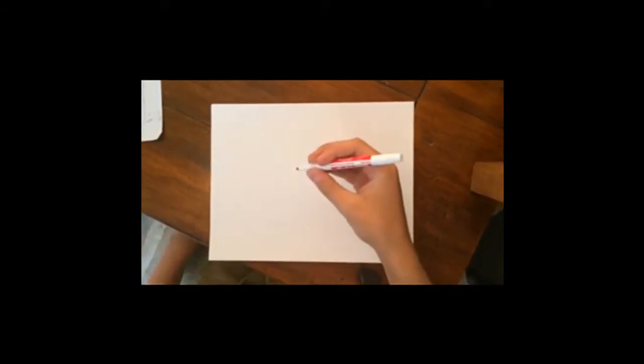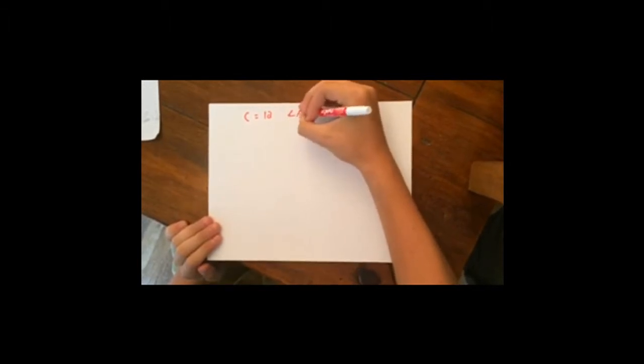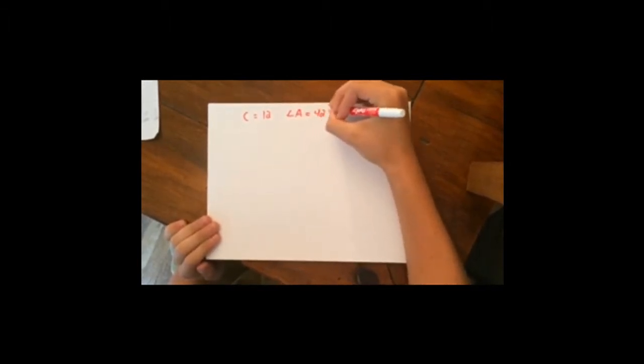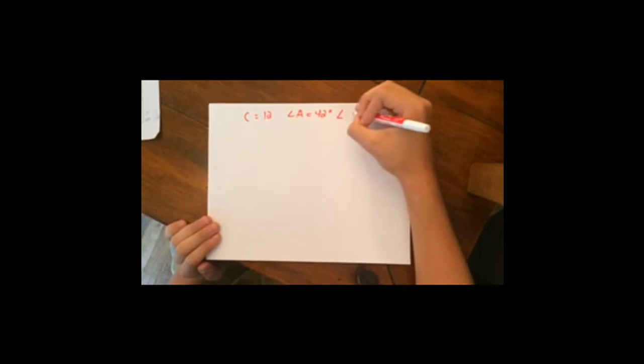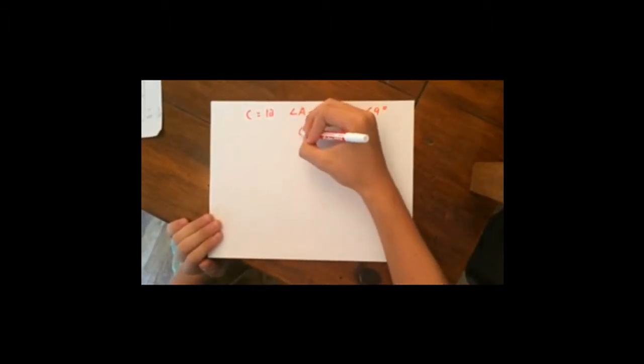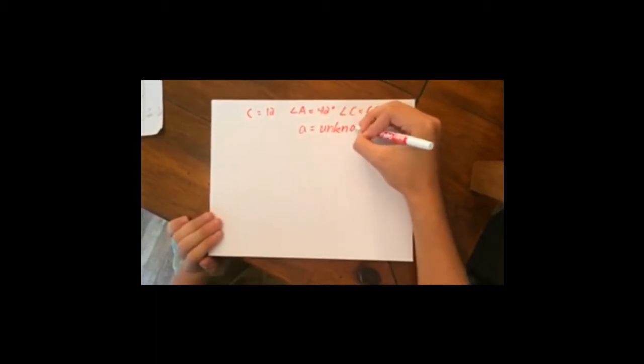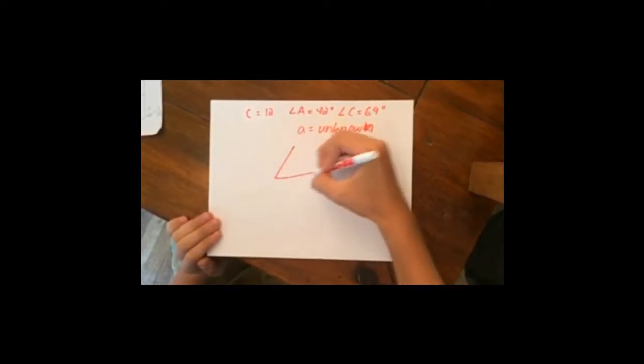So for our first problem, these are the givens. C equals 12, angle A equals 42 degrees, angle C equals 69 degrees, and we are trying to find A, side A. So first let's draw a picture.